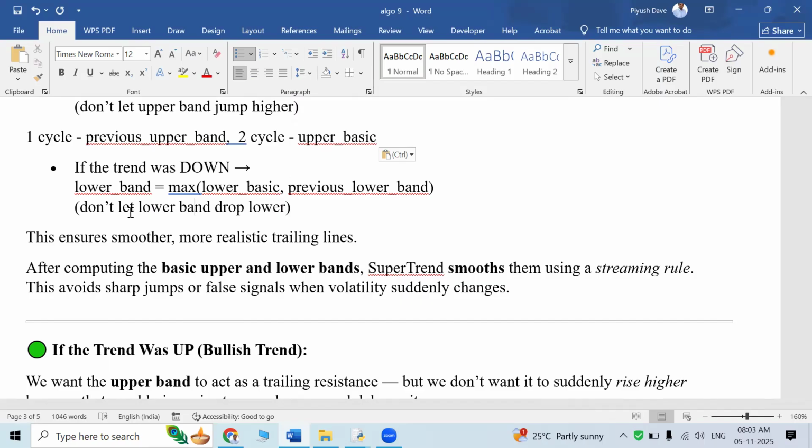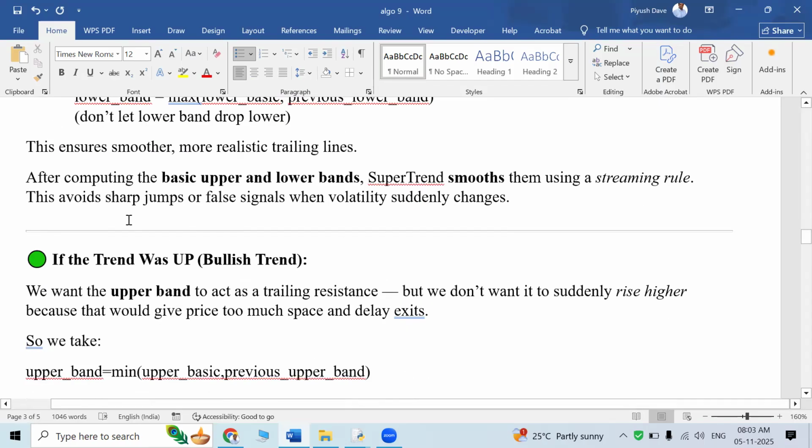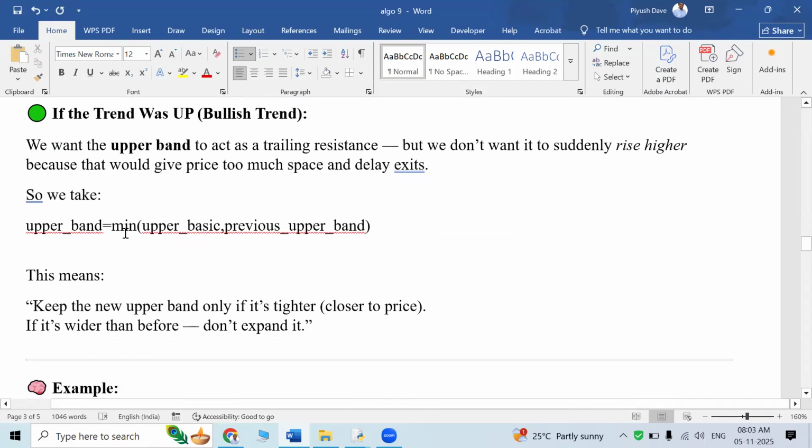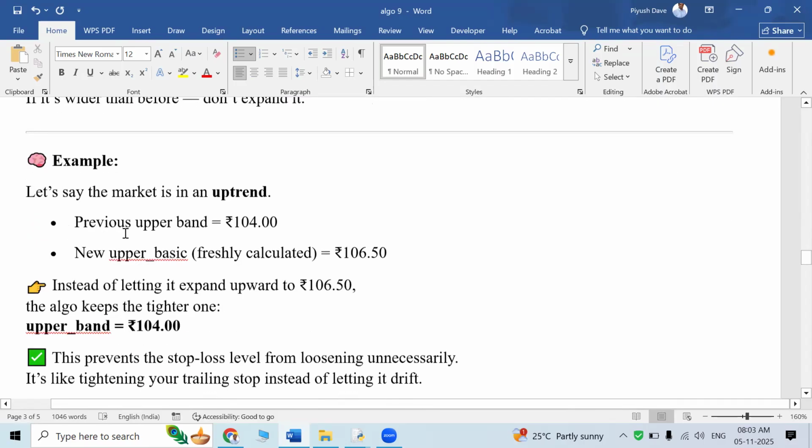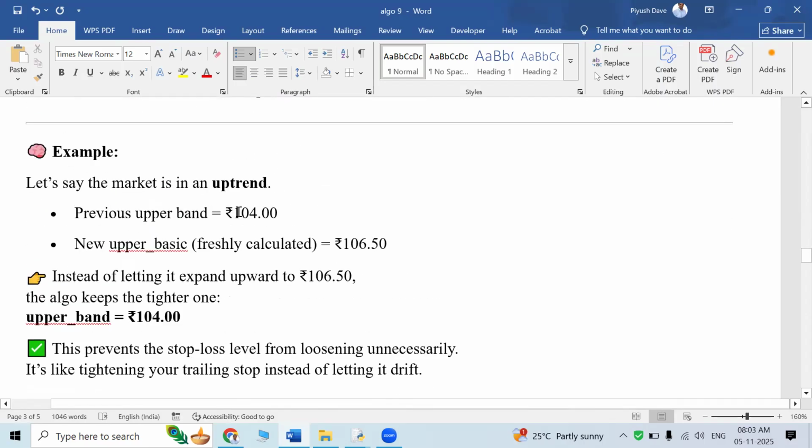Now, okay, let me explain this with one example. This will be really helpful to understand. Okay, so the previous band is 104. The new band which has been calculated is 105. Okay, so now this is greater than this value, so we'll not change this 106 in the range, because we are going to take the minimum of both.